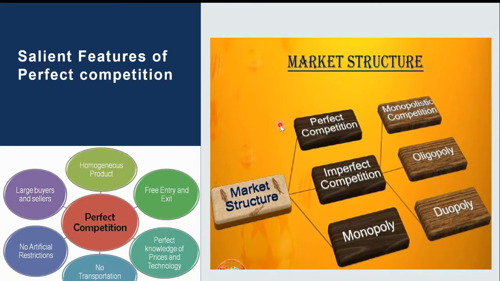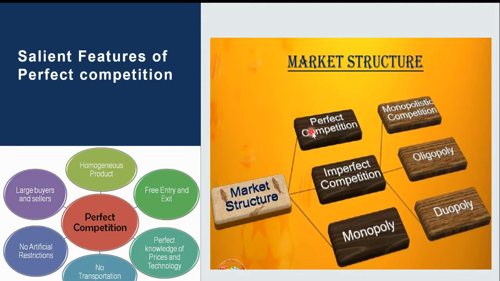And I said that we will be studying in detail about the market classification on the basis of competition. Based on the competition, market is classified into two: perfect competition and imperfect competition. In the imperfect competition, we have monopoly, duopoly, oligopoly, and monopolistic competition. These are all the forms of imperfect competition.